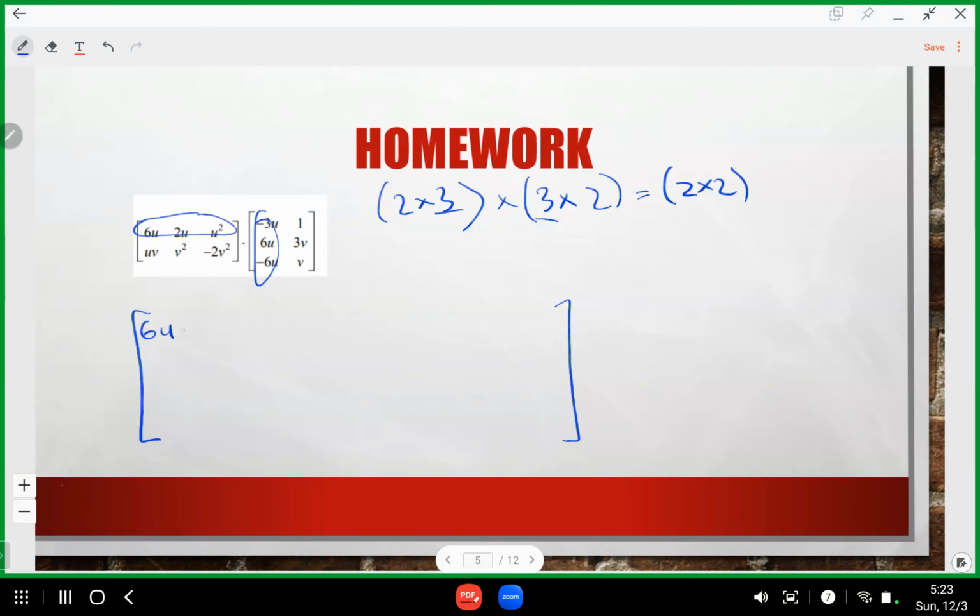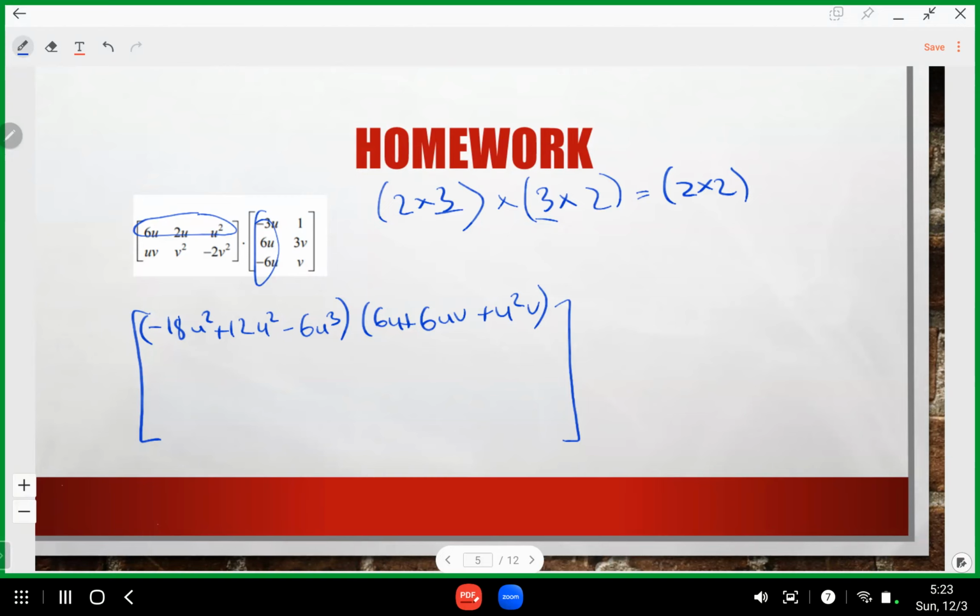So 6u times, let's just start multiplying them already. 6u times negative 3u is negative 18u squared, right? Plus 12u squared minus 6u cubed. That's our first element. And the second element in this row is 6u plus 6uv plus u squared v. So this is a very complex matrix here because there's so many terms, and it's probably not going to be simplified completely.